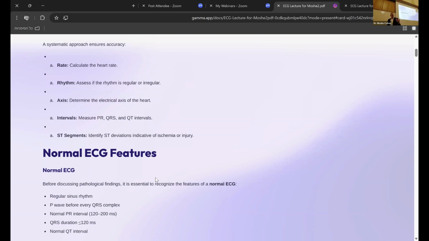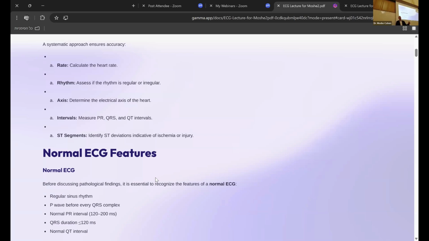So hyperkalemia, which is extremely dangerous, can be diagnosed with an ECG. When you have a notched T wave, and I'll show you examples, it can mean a very high level of potassium in the blood. And this is also a medical emergency.